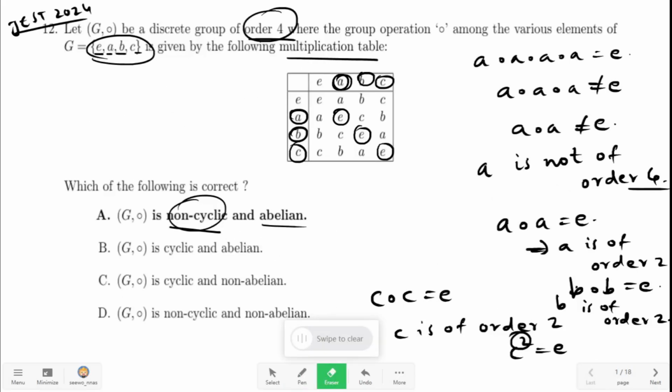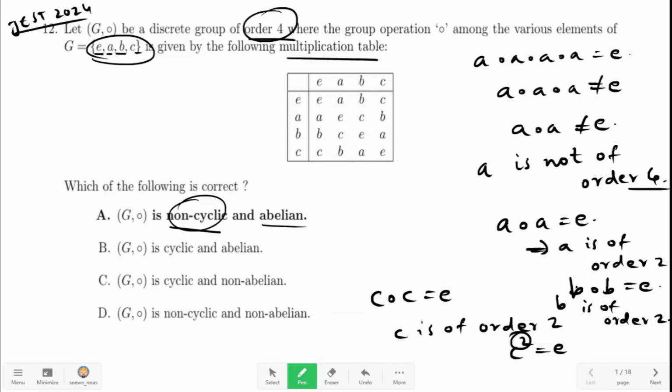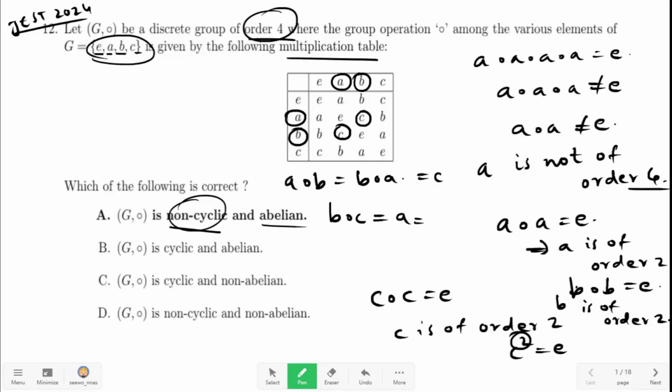Here you can see A operating on B gives us C, and B operating on A gives us C. So A operation B is equal to B operation A, both equal to C. Similarly, B operation C is equal to A, which is equal to C operation B. For any other elements in this group, this is followed.